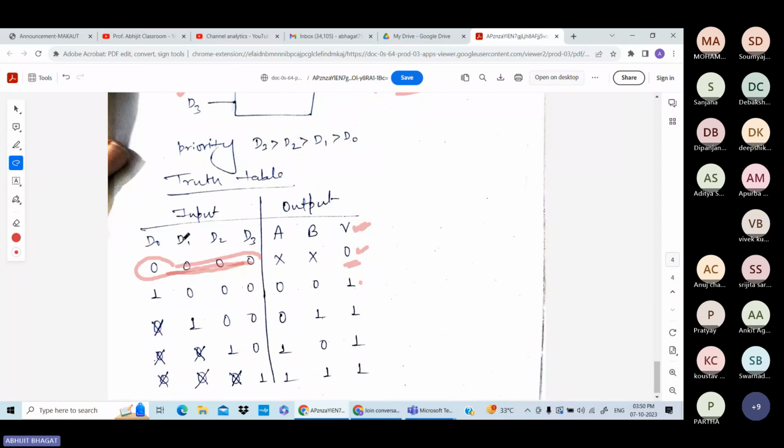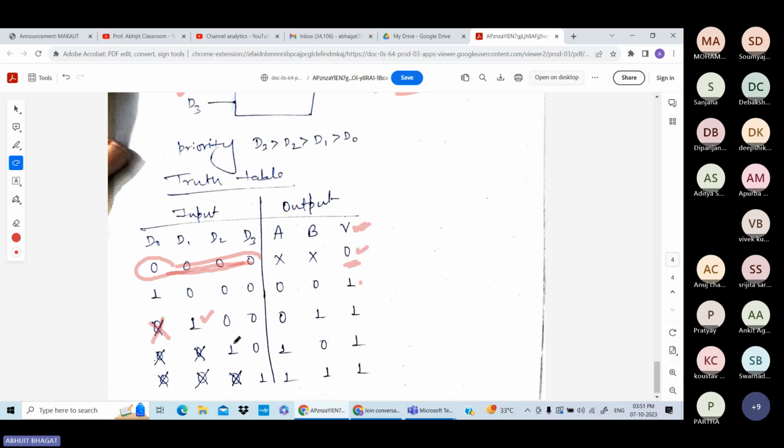Next, when D1 is 1, D1 priority is greater than D0. So whatever the value of D0, either 0 or 1, your output will be 0, 1, because D1 priority is high compared to D0. So this is the priority state here.